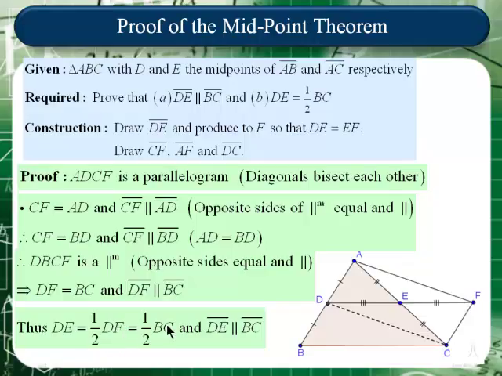But DF in turn, we've seen there, is equal to BC. So therefore this then gives us the first part of the proof, namely that DE is equal to half of BC. It's actually the second part as I've put it down here. Furthermore, we know that DF is parallel to BC, but this is the same as to say that DE is parallel to BC, which then concludes the proof.